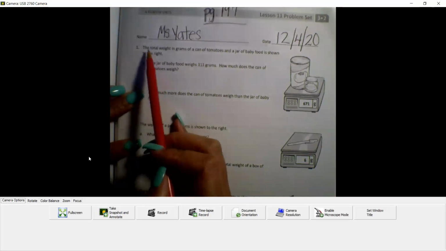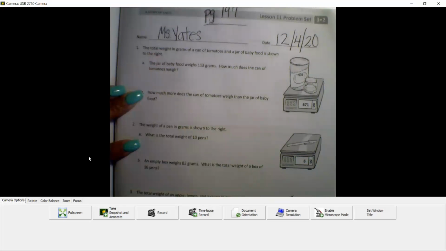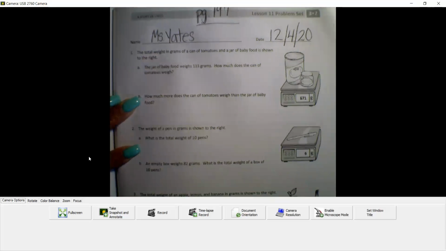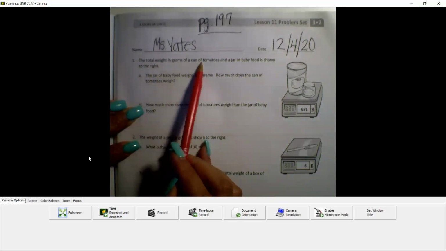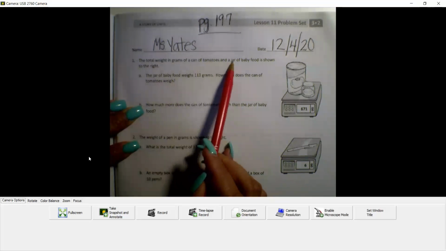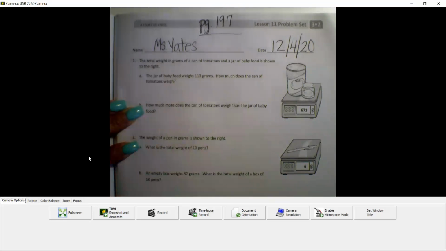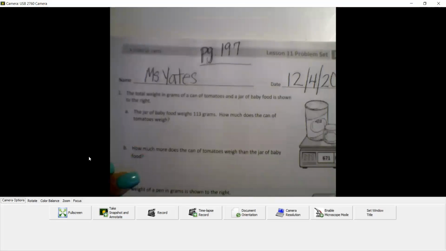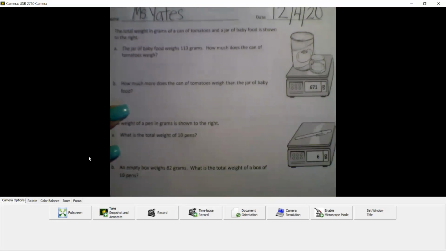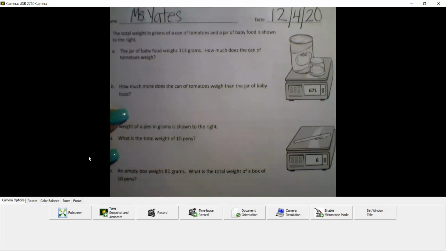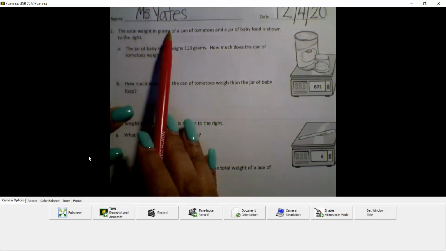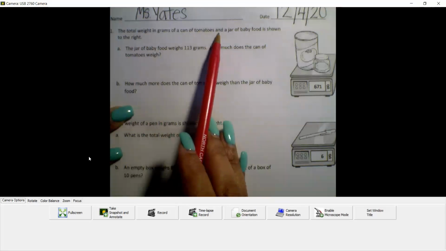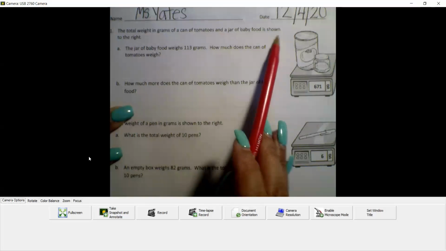So this says, the total weight in grams of a can of tomatoes and a jar of baby food is shown to the right.